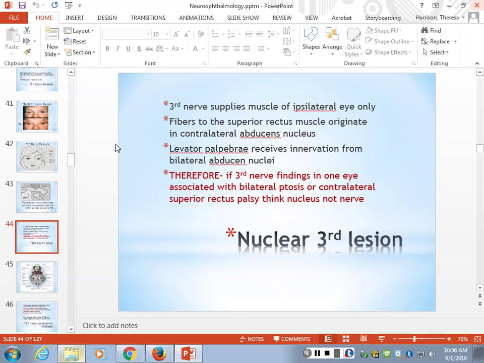nucleus, okay? Because the neurons, axons going to the superior rectus originate in the contralateral oculomotor nucleus, okay? All the rest of them are ipsilateral.